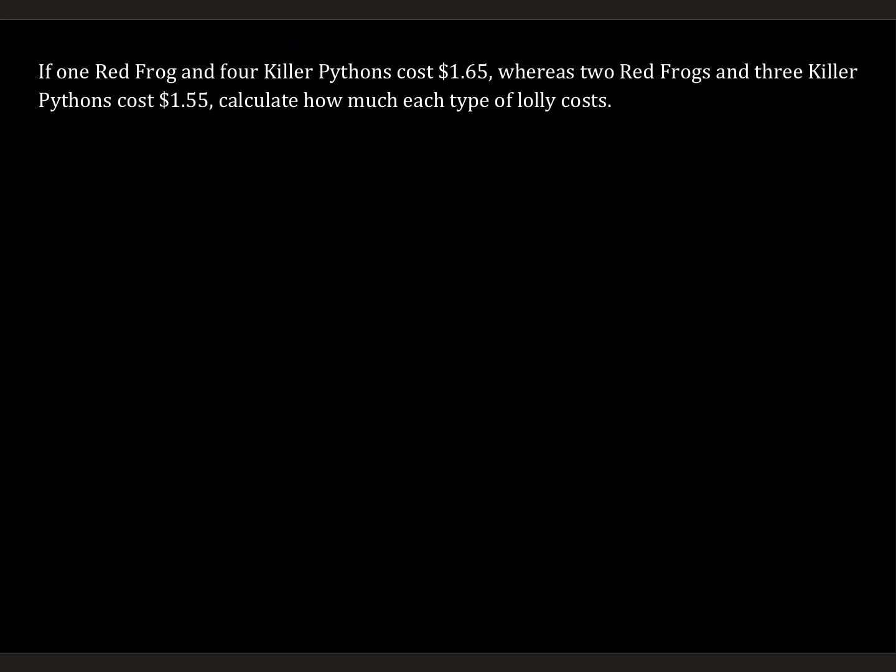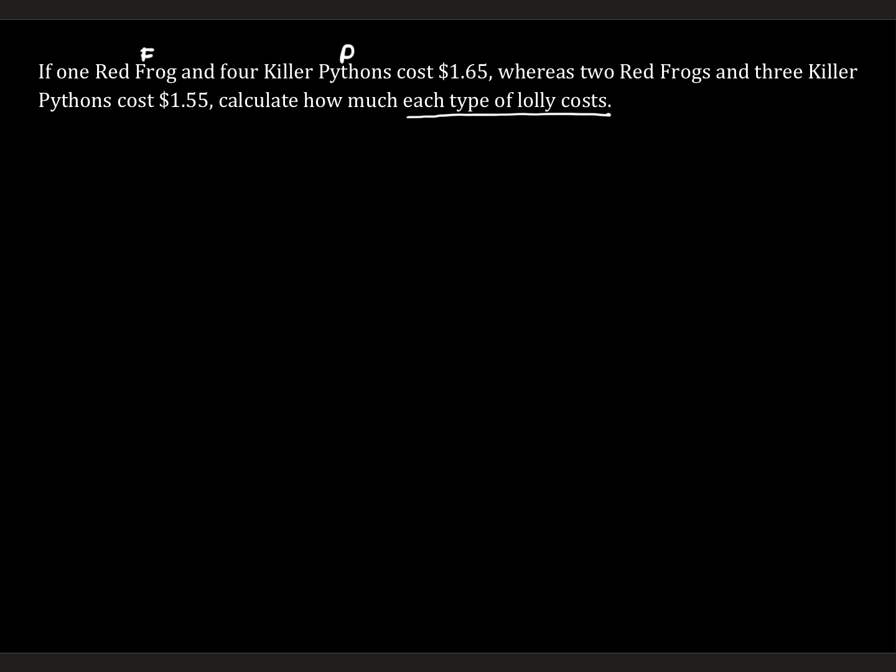Okay, last problem now. 1 red frog and 4 killer pythons cost $1.65, whereas 2 red frogs and 3 killer pythons cost $1.55. When you're defining your variables from here, let's say that frogs are F and pythons are P. Now, we calculate how much each type of lolly costs.